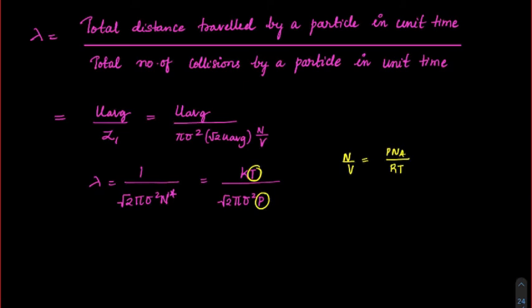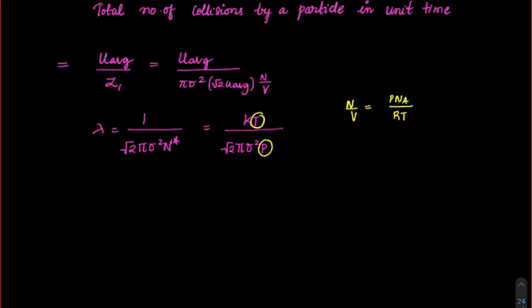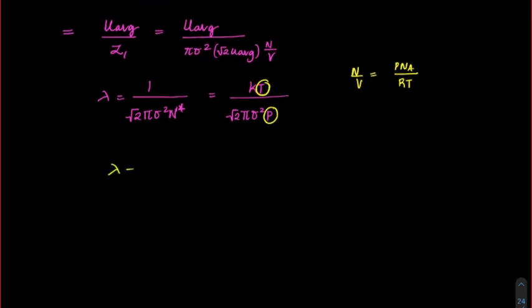This was asked recently in 2015, like how lambda is dependent on these two. So I can say that lambda 1 by lambda 2 of two different gases will be equal to, considering both of them have similar radius, which is something they will give you, T1 by P1 into P2 by T2.